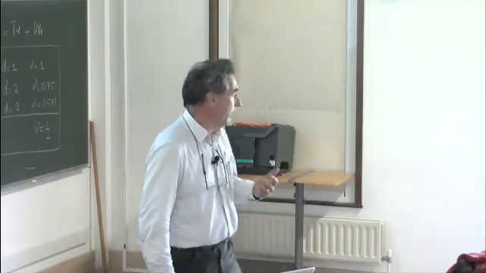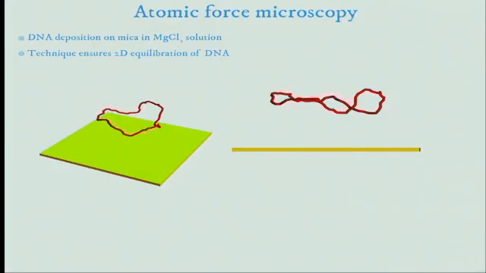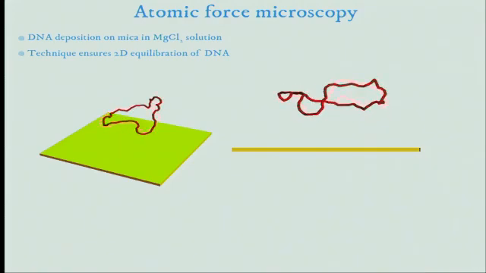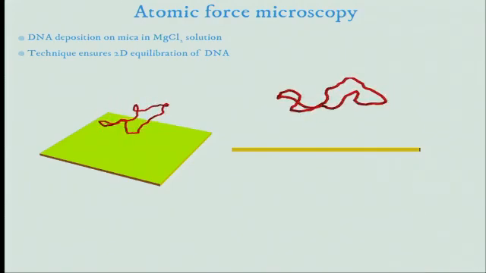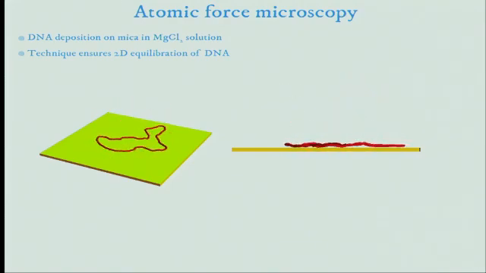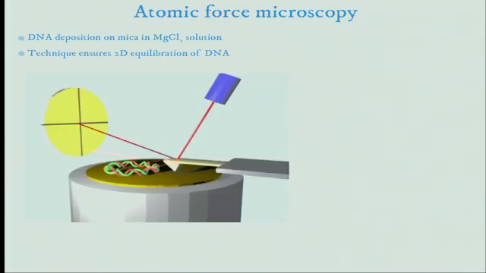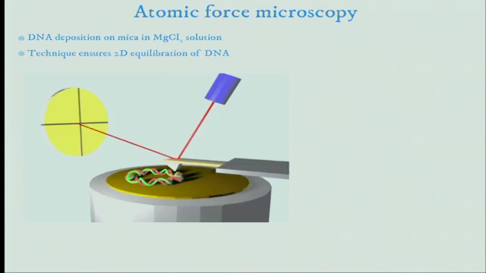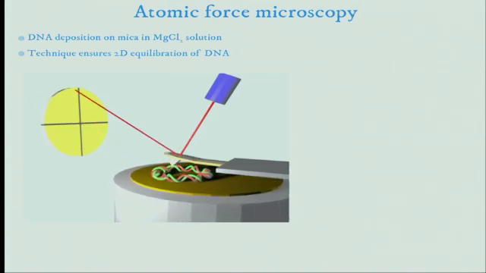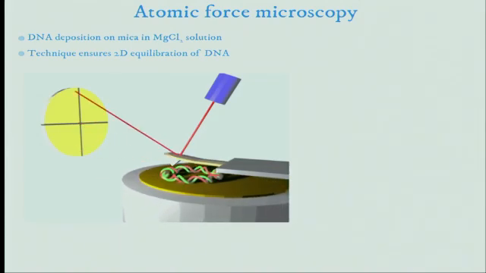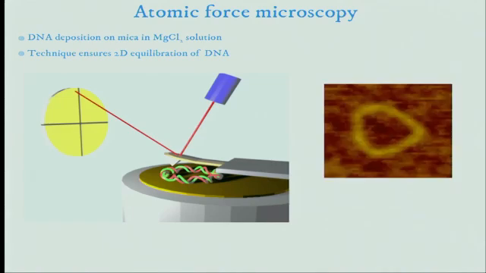So how are the experiments done? Well, this is DNA in solution, and in order to make images with the atomic force microscope, we have to deposit it on the surface so that it is stable there. Then, with our microscope, we go over the sample, take an image, and have the image of the DNA molecule that you see here.